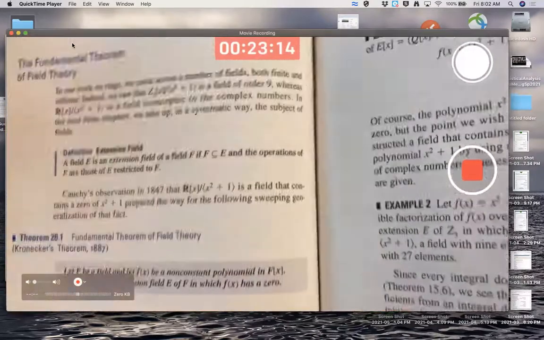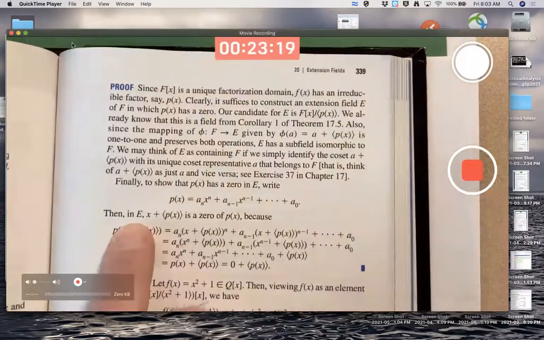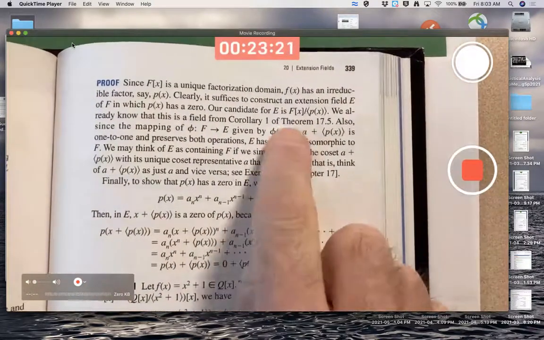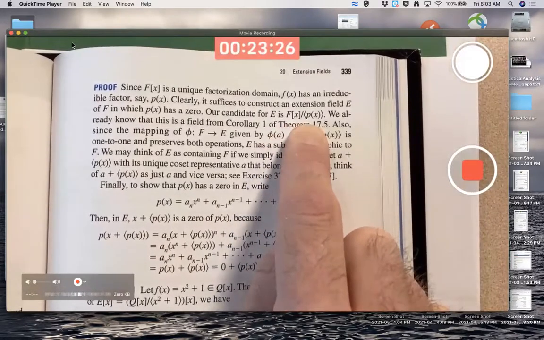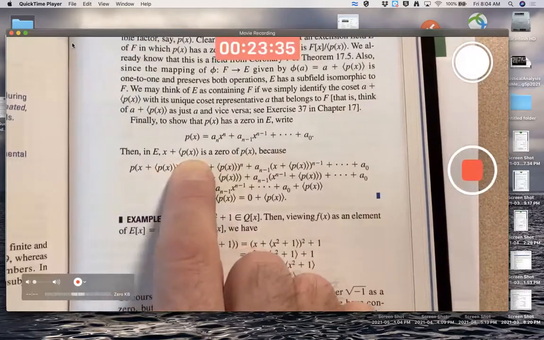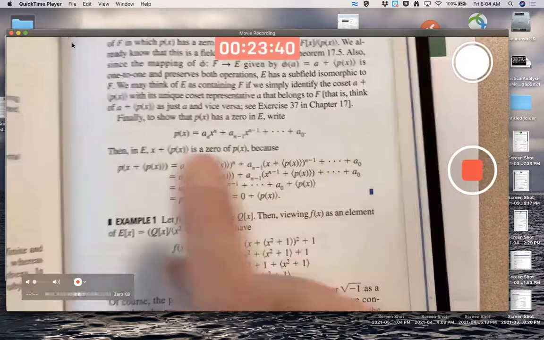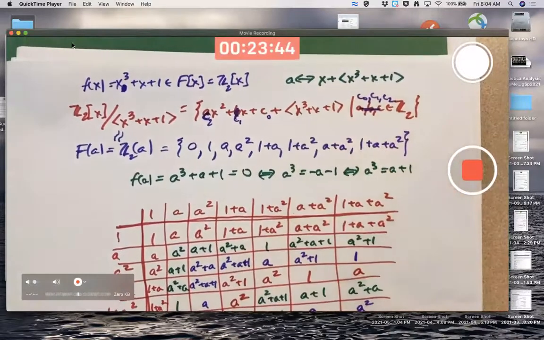The proof constructs that extension field as being that factor ring, where you're modding out by the ideal generated by an irreducible factor of f(x). And it's x plus the ideal that is going to be shown to be the 0. So in essence, the A is playing the role of this coset, but you don't have to write it as a coset.